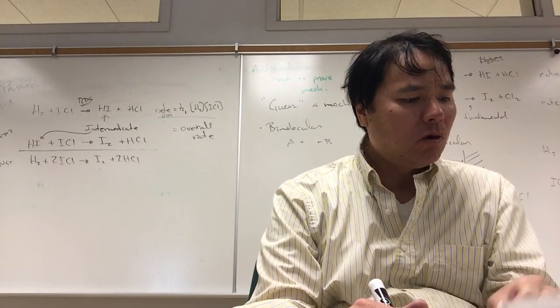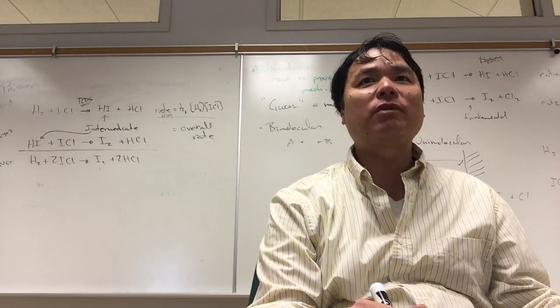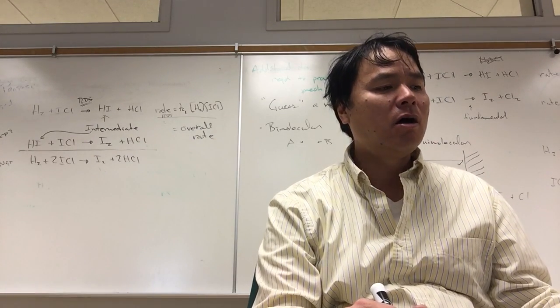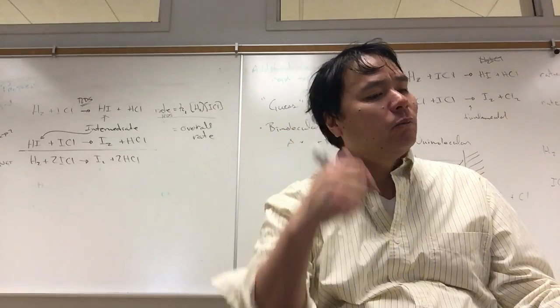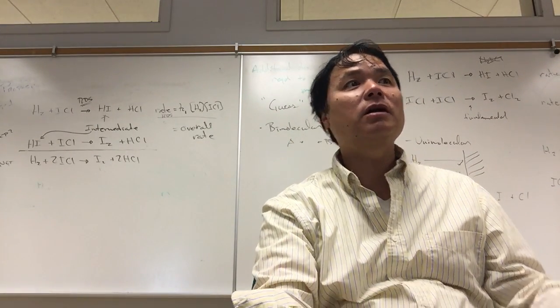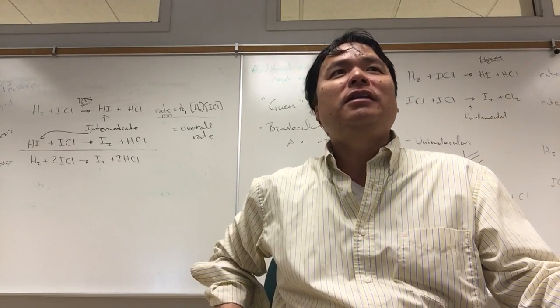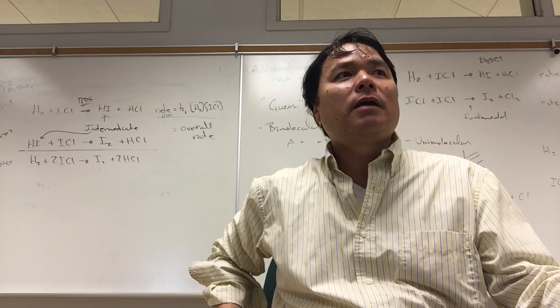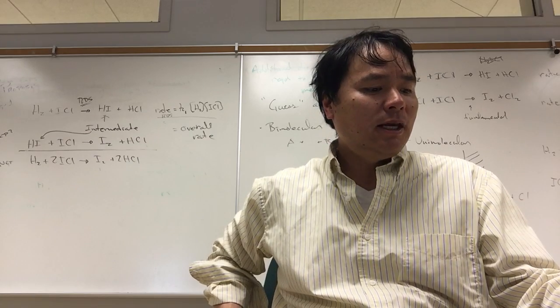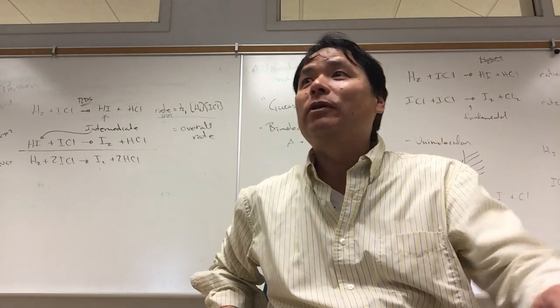Either we're given the mechanism and then we figure out the rate law, or we're given the rate law and we figure out the mechanism. Okay? And so right now what I'm going to do is give you the net reaction and the rate law, and then you have to come up with a mechanism.